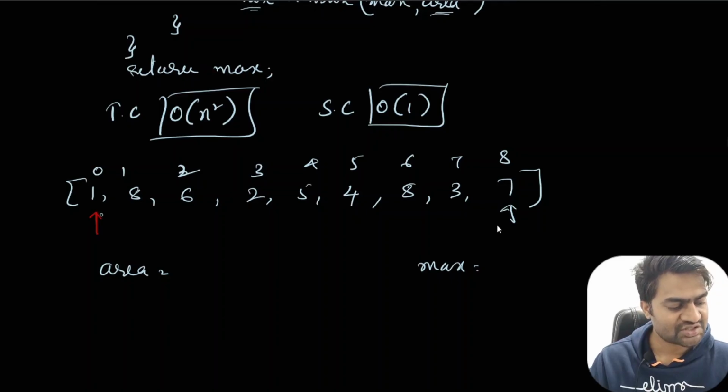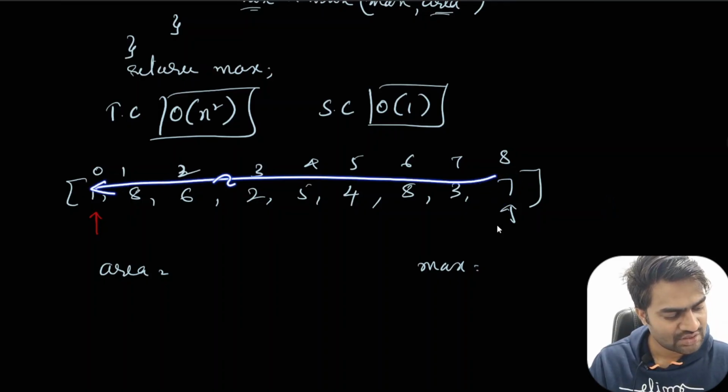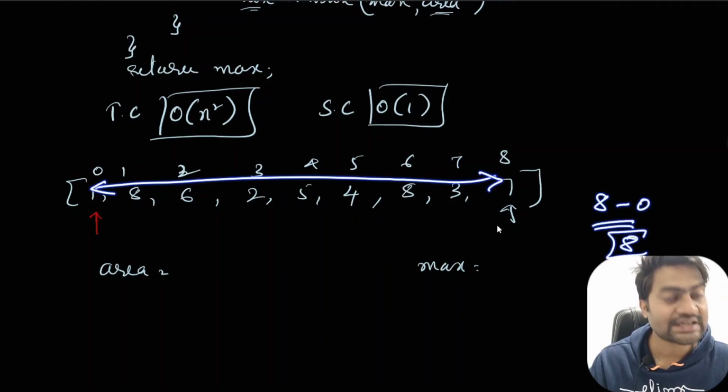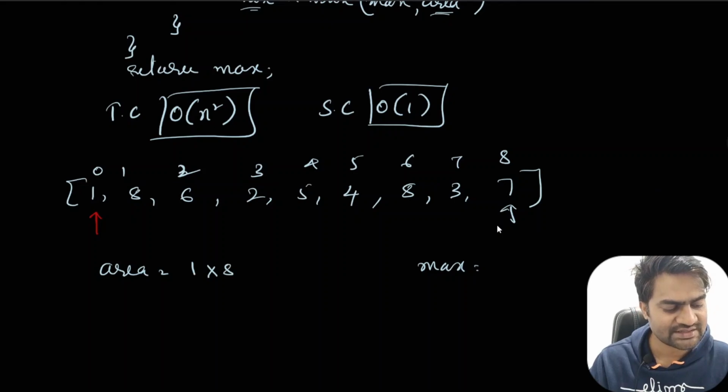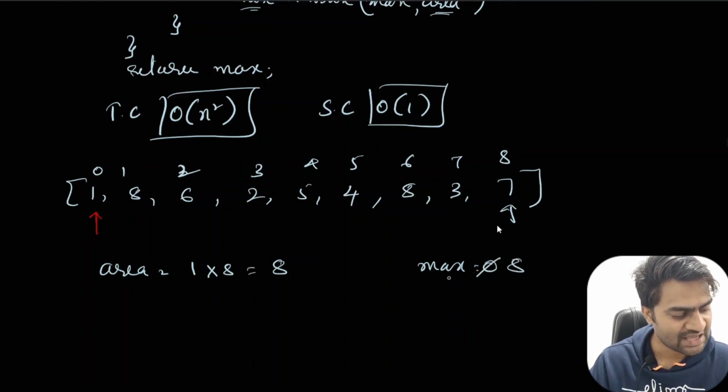What is the area? The minimum out of 1 and 7 is 1. The distance between these two is 8 minus 0, which is 8. So minimum value 1 into distance 8, the area is 8. Since max is 0, I will update it with 8. At this point, my max value is 8.